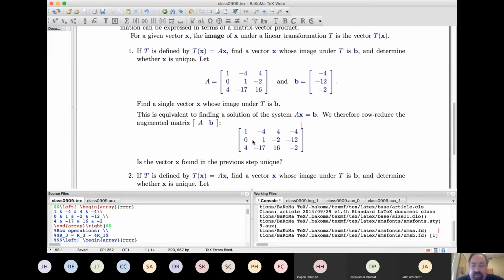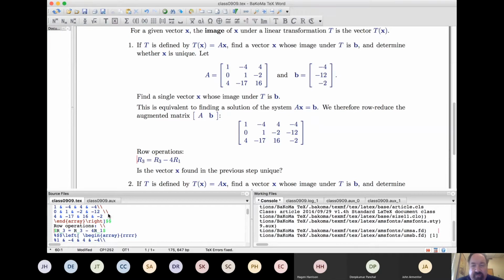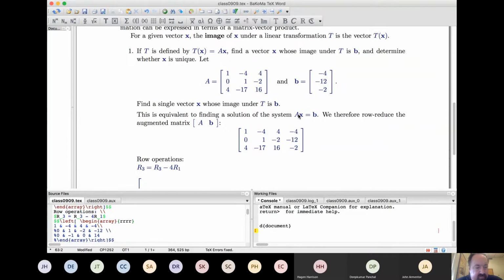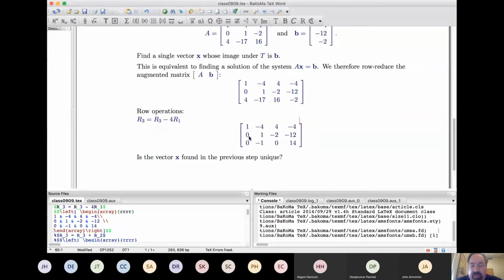So we go through the usual process, as we've seen ad nauseam: multiplying this row by 4 and subtracting it from this row to eliminate this 4 down here. And then we just add these two rows together to eliminate this -1 down here.